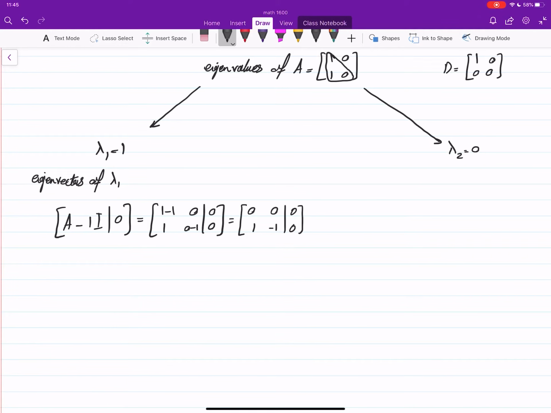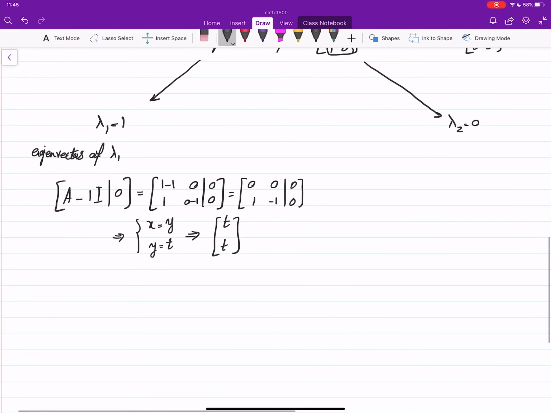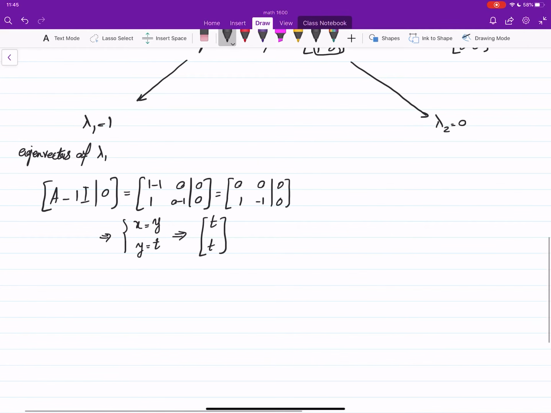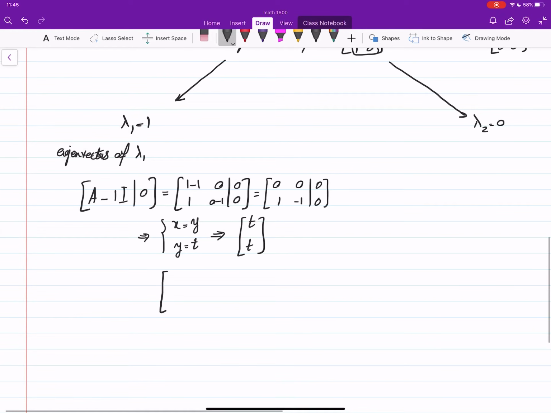We can solve that: x is equal to y, and y is a free variable. That means all the eigenvectors of eigenvalue 1 are of the form t, t. Out of this, I can make one independent vector: 1, 1 is an eigenvector of lambda 1. I can make only one. Any other eigenvector of lambda 1 will form a linearly dependent set.